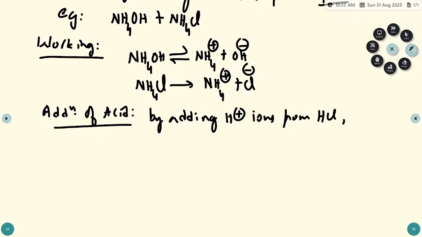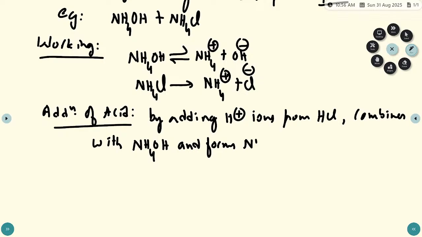Okay, here H plus ions combine with NH4OH. H plus ions from HCl combine with NH4OH and form NH4 plus and water, a weak electrolyte.